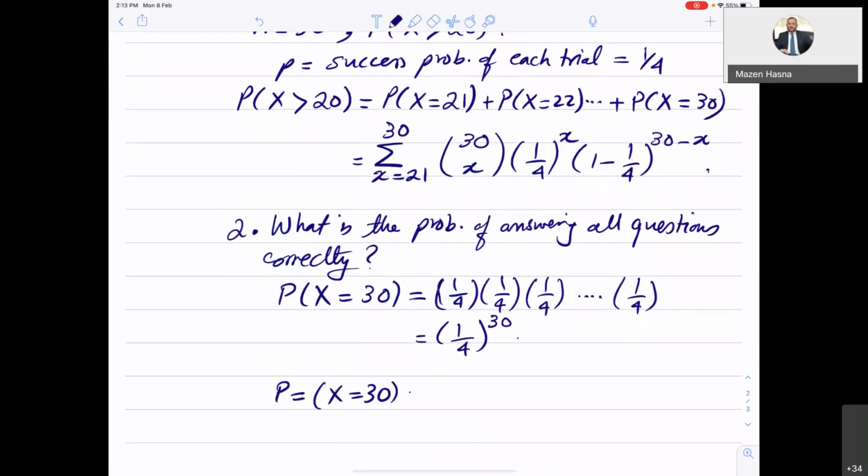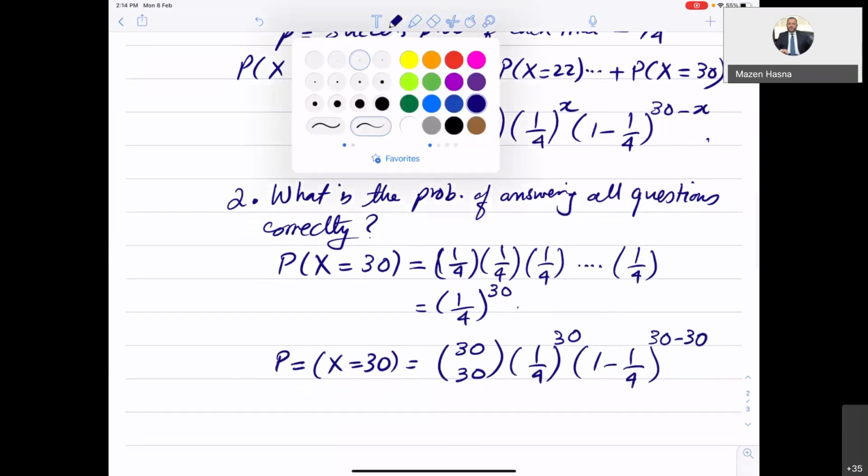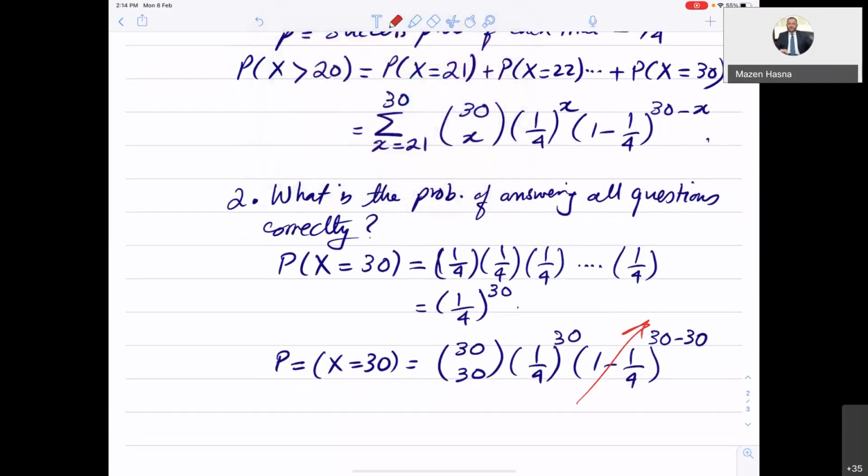So the probability of x equals 30 is n choose k, so 30 choose 30, 1/4 to the 30, 1 minus 1/4 to the 30 minus 30, and for sure you know that this is 1, so it's power 0, this is 1, and also this is 1. Why?